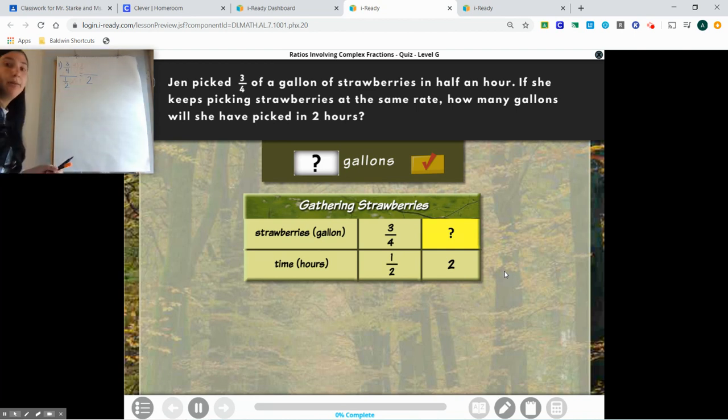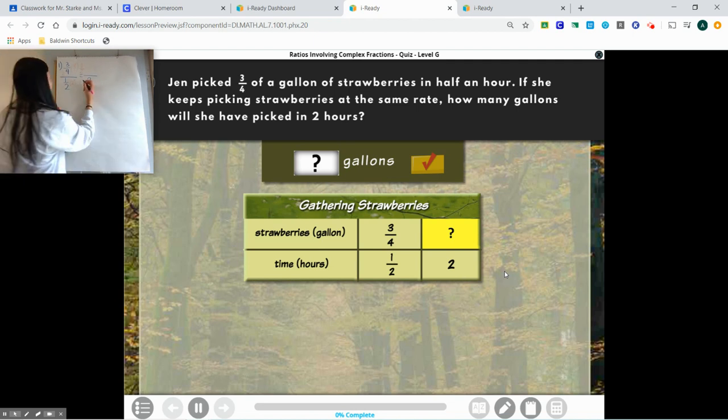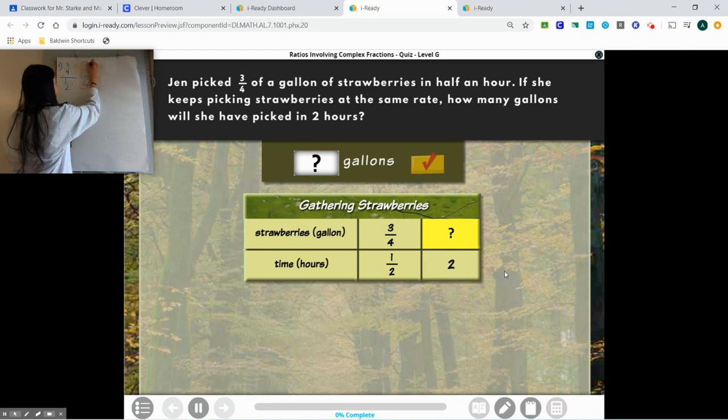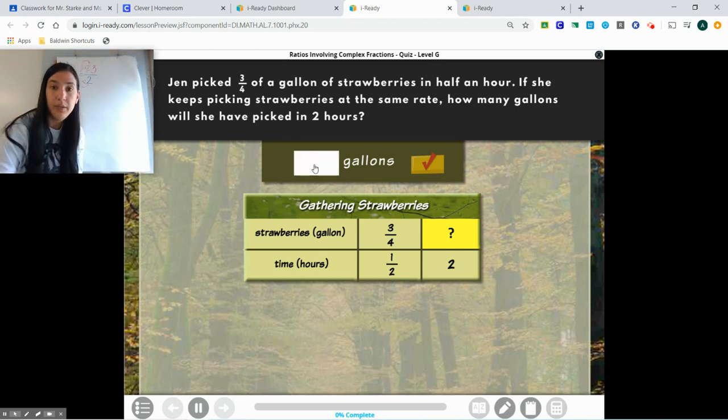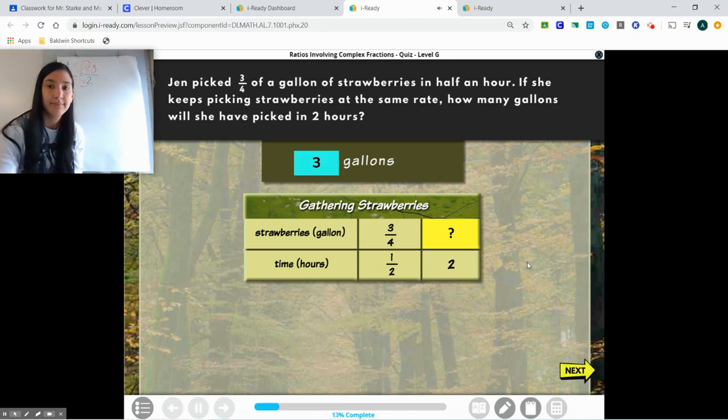Now, to get from 1 to 2, we multiply by 2. So now we have to multiply this by 2 to get our answer. So when we do that, we can cross reduce again, and we're going to get 3 over 2. We're going to type in 3 here. Safer, right? Okay.